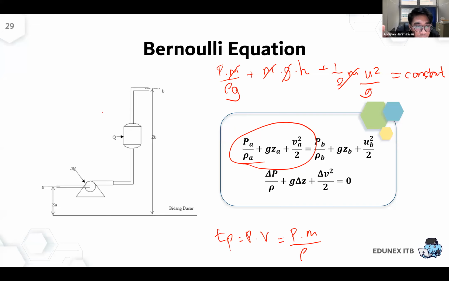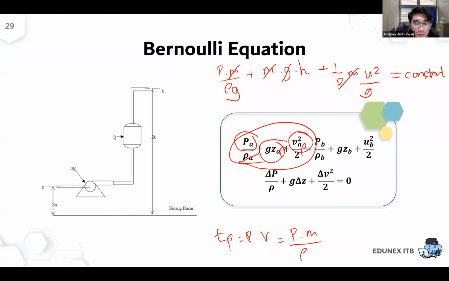in meters. In the video that we watched previously, you can also use pressure. For this one, you multiply by the density. So each component will still be energy, but the unit is pressure.